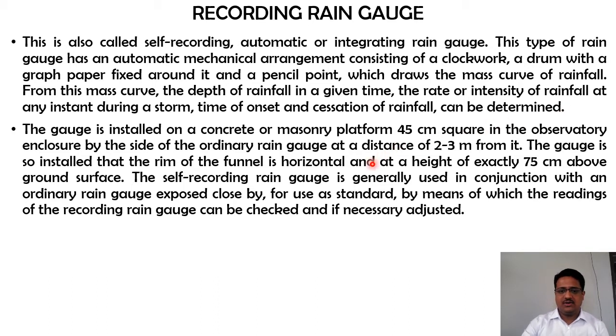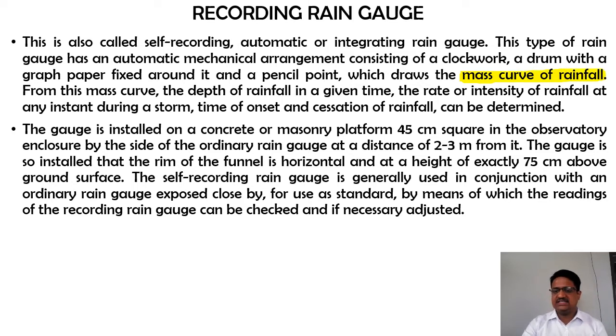So what basically does this mean is, in general, for recording we have three types of rain gauge stations, but with respect to that we have something called the rainfall mass curve. This is very important from the point of view of hydrology.